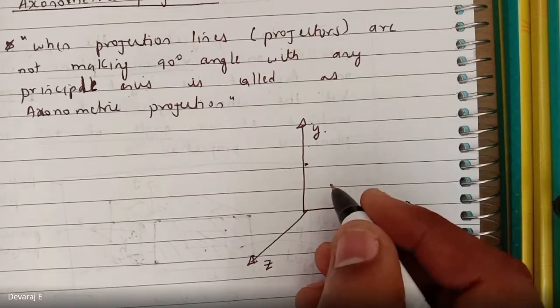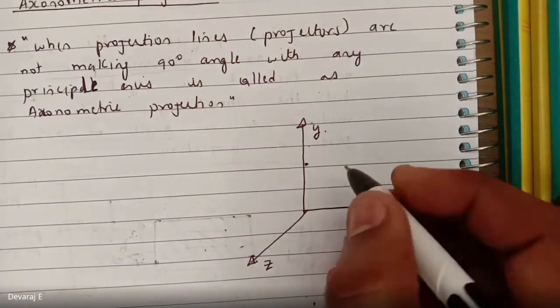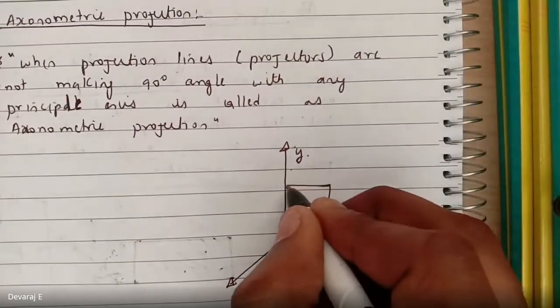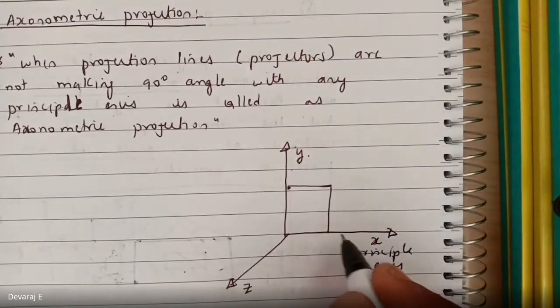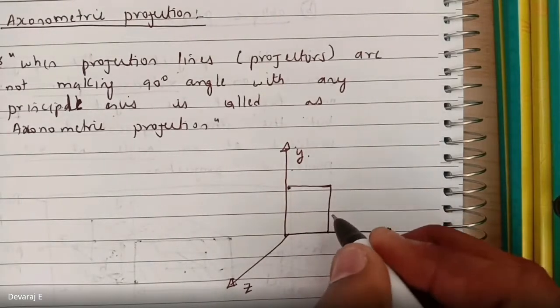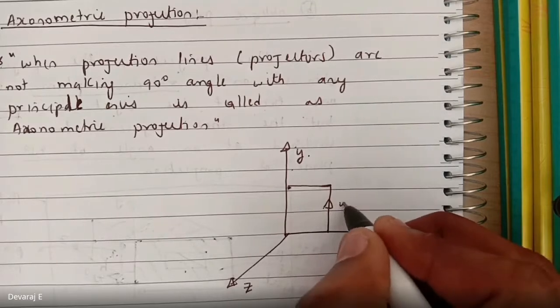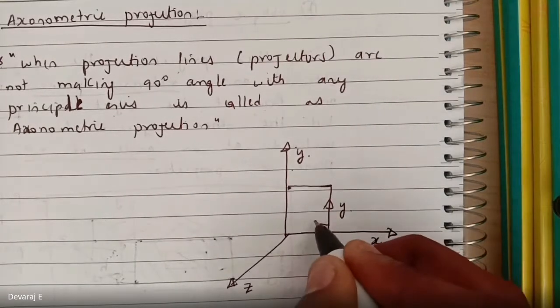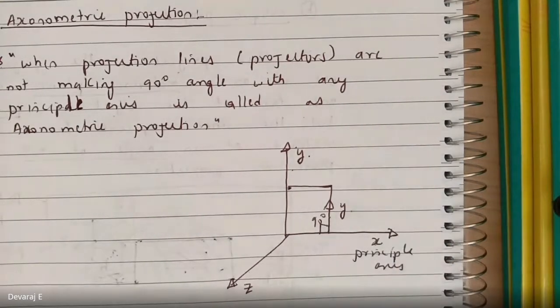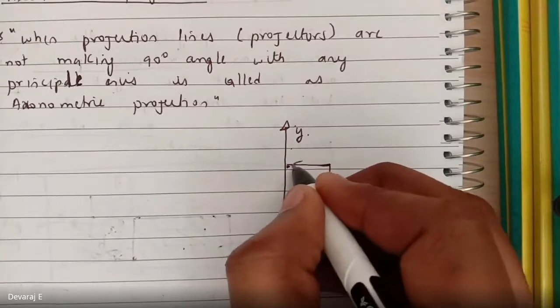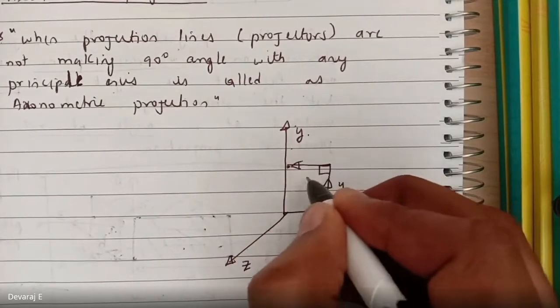According to the definition, the lines or projectors should not be at 90 degrees with any axis. Say this is 90 degrees with respect to the Y axis, right? When you take this as X, this will be 90 degrees with respect to the X axis.